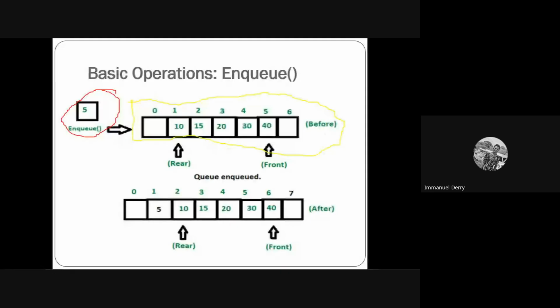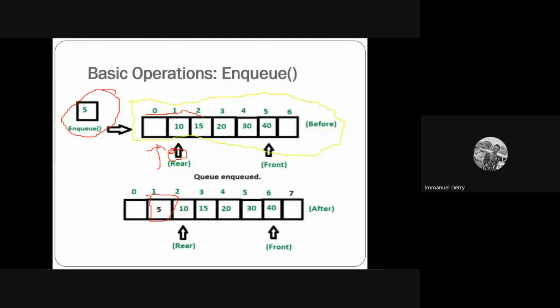And then finally we insert or we enqueue the 5 in that particular empty space indexing. Now the position for 10, which was initially the first pointer, has now changed to 2. And the new element that was enqueued has now taken its position as 1.